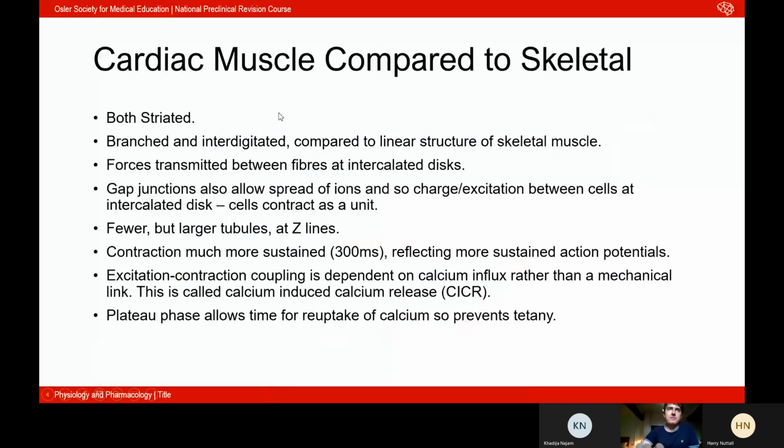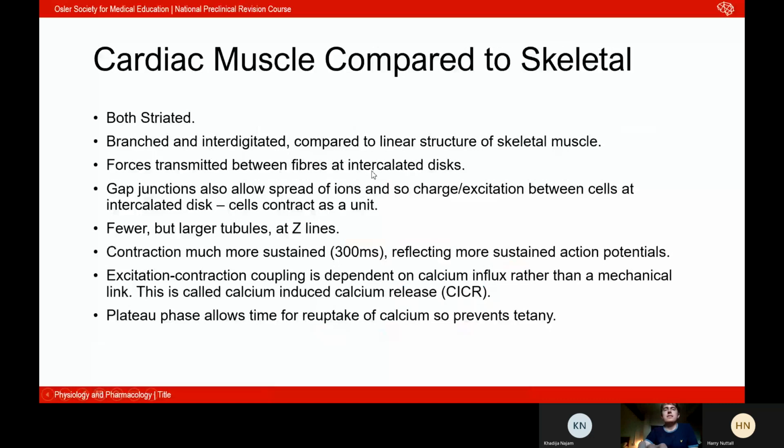So thinking about the differences between cardiac muscle and skeletal muscle, they're both striated muscle, which means they both have this linear structure of sarcomeres. But cardiac muscle is branched and interdigitated, as we just discussed, compared to the linear structure of skeletal muscle.